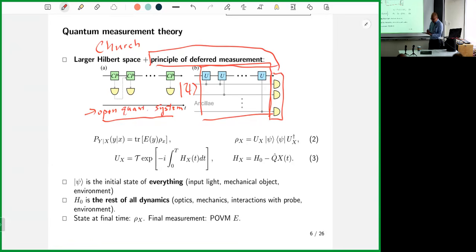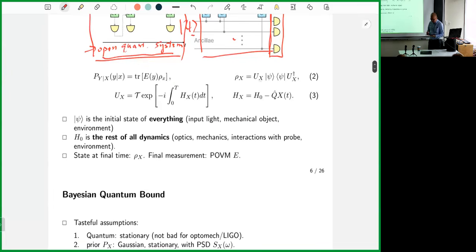In other words, in principle, in theory, it's always possible to replace the open quantum system theory with pure state unitary dynamics and a big measurement at final time. And according to the church, it's always possible. So now everything is pure. The unitary is just one big unitary with the Hamiltonian that I just described before.